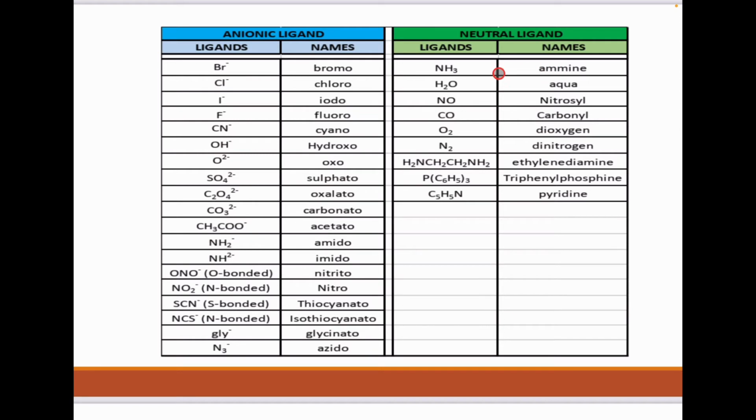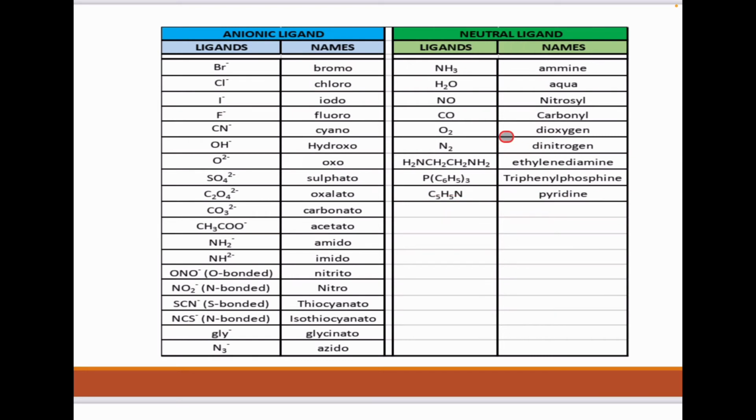NH3 is ammine and H2O is aqua, NO is nitrosyl, CO is carbonyl, O2 is dioxygen, N2 is dinitrogen, and this is ethylenediamine, this is triphenylphosphine, and this is pyridine.